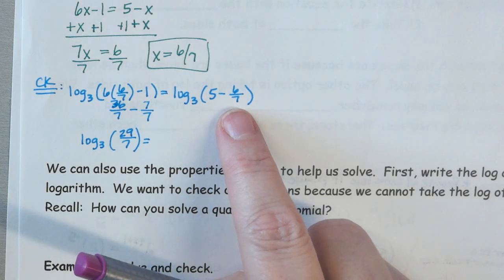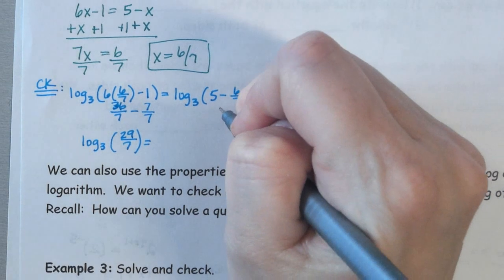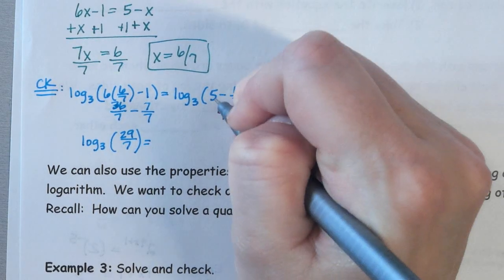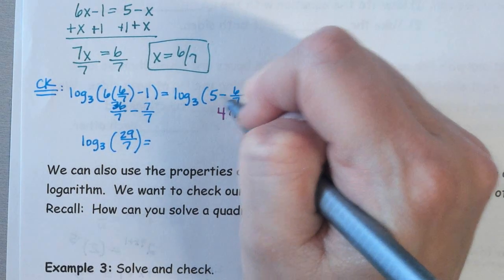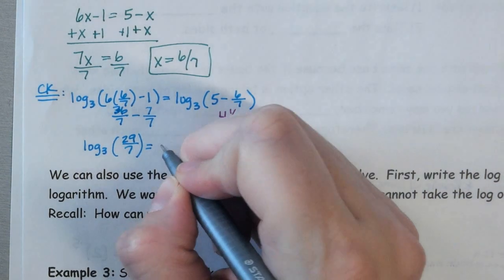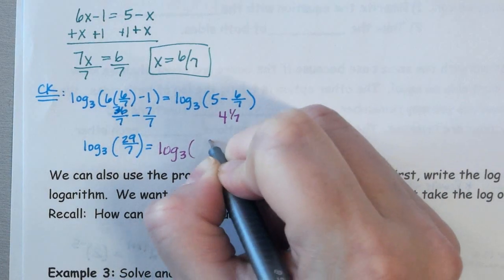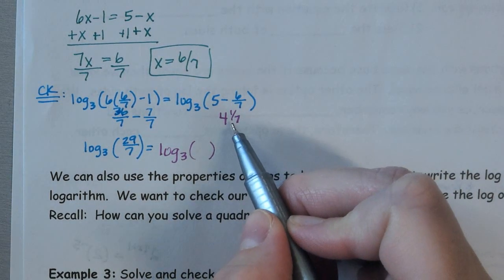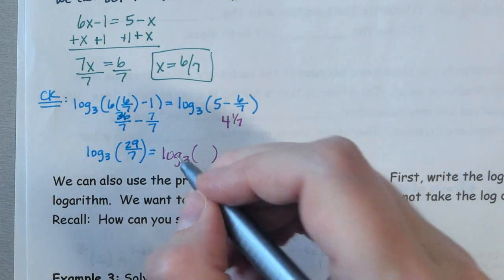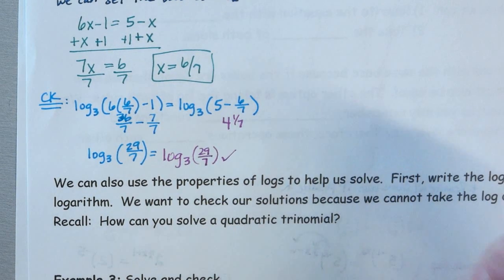Because from 6/7, you'd have 1/7 to get to number 1, and then from 5 to 1, so it'd be 4 and 1/7. But yes, you could also just do 35 over 7 minus 6. Either one is fine. Do you guys know how to turn a mixed number into a fraction? Yeah, multiply. 7 times 4 plus 1. Okay, and then, yep, those are going to check.